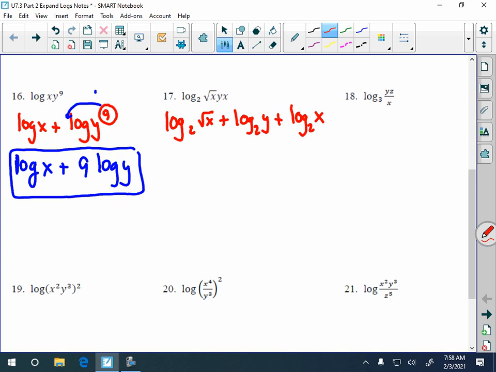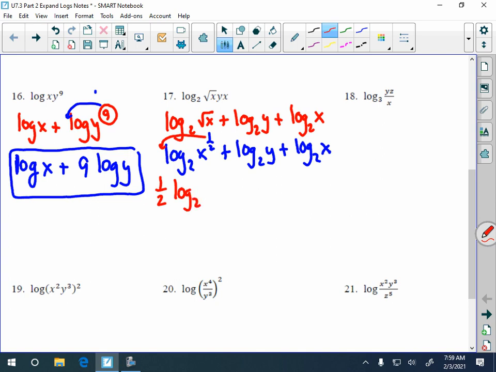Then that square root x we can change to a fractional exponent, x to the 1/2 power. The rest I'm just rewriting. We can't leave exponents in our answer, so that 1/2 now goes down in front. So 1/2 log base 2 of x plus log base 2 of y plus log base 2 of x.